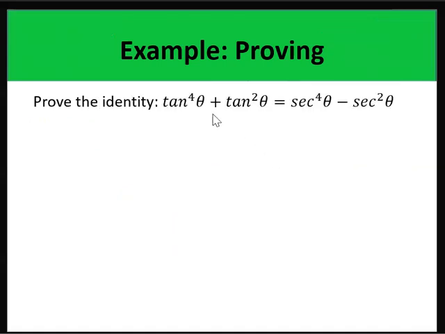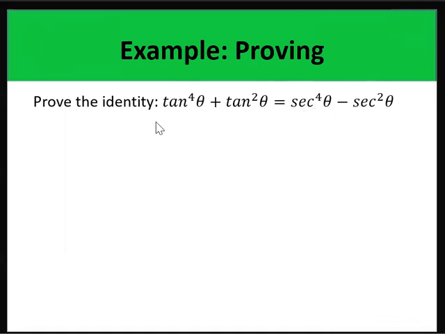Okay, next, let's try tangent to the fourth of theta plus tangent square theta equals secant to the fourth theta minus secant square theta. It seems that in the left side, both terms have a tangent, and in the right side, both terms have a secant.